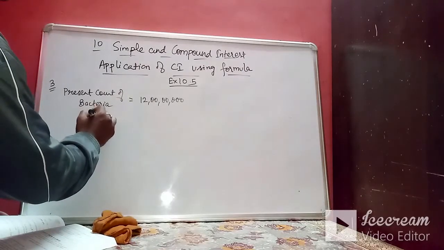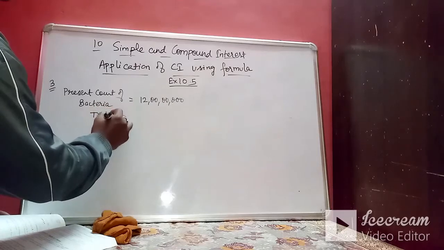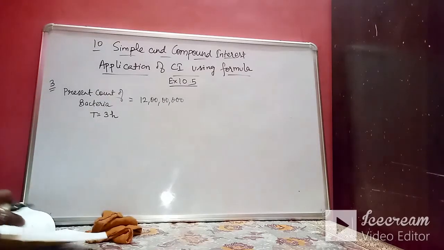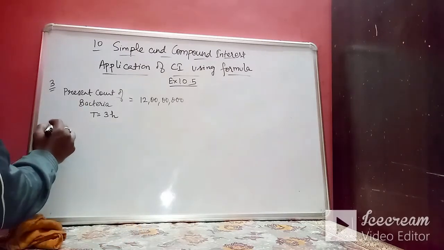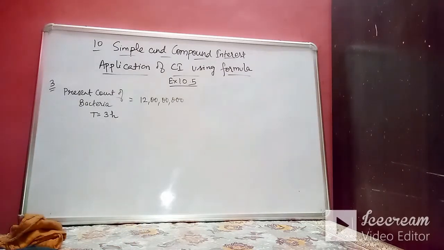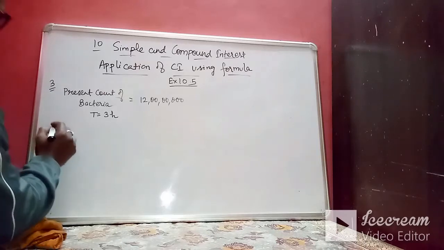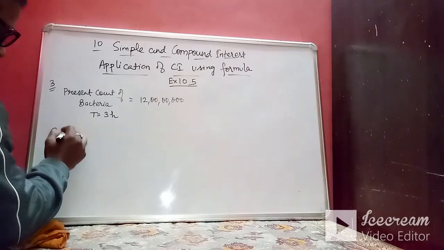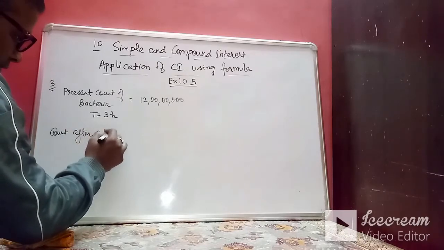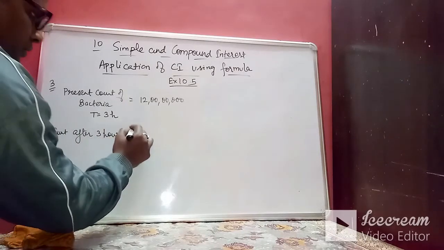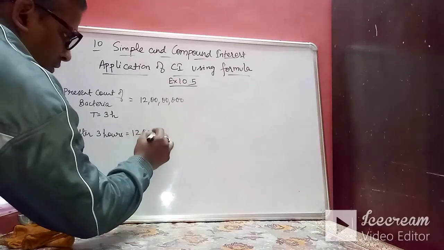So here time is 3 hours and the rate is also given in terms of hours. So how do we calculate? We have to calculate the count after 3 hours. So this will be our principal.